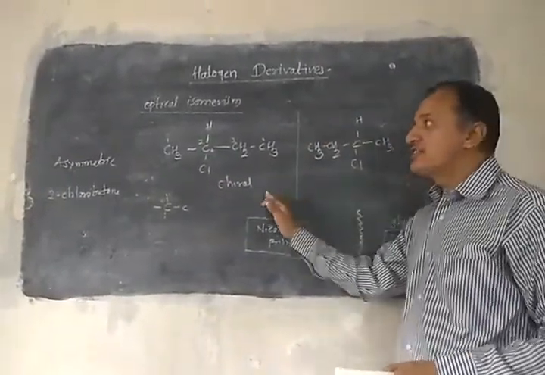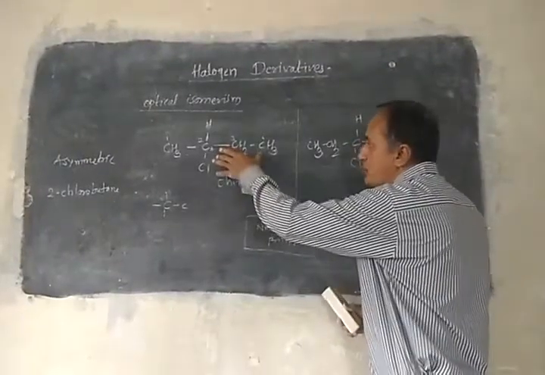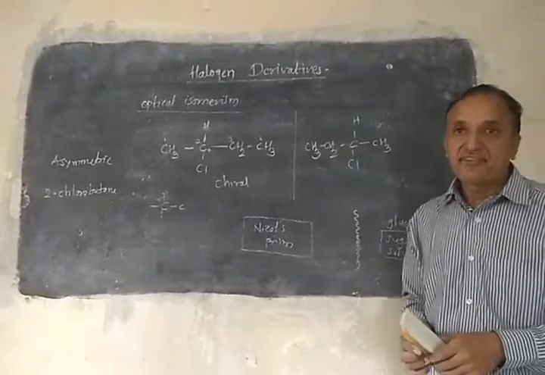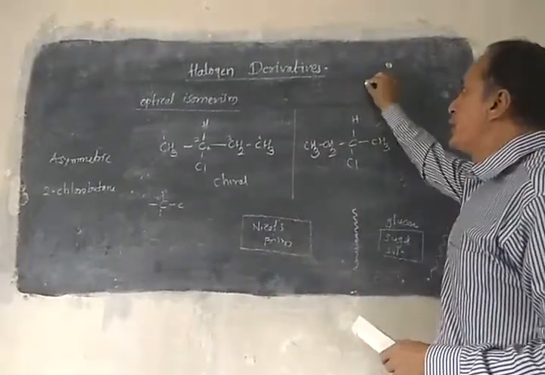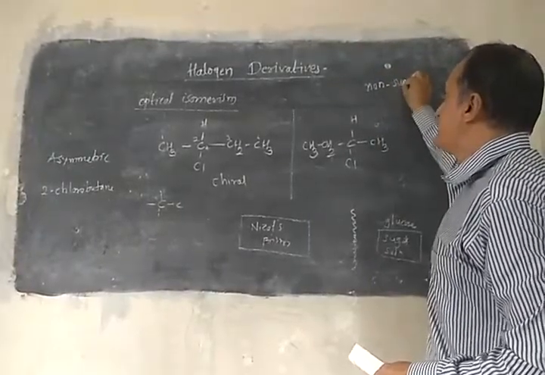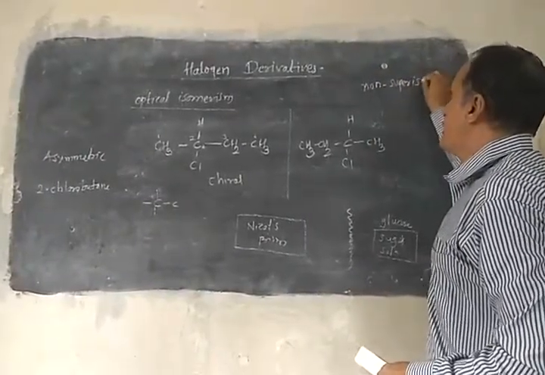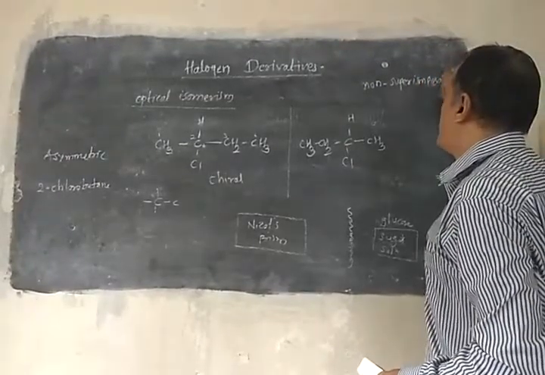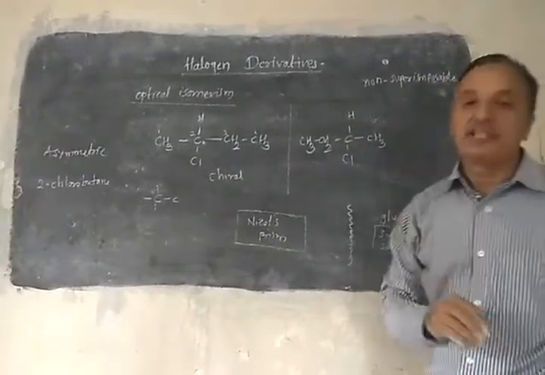But what difference is there? If you try to keep both compounds one above the other, they are called non-superimposable images of each other.